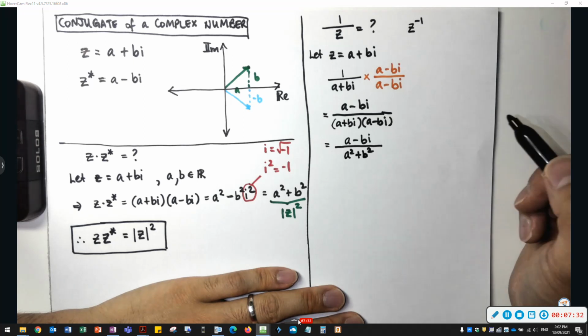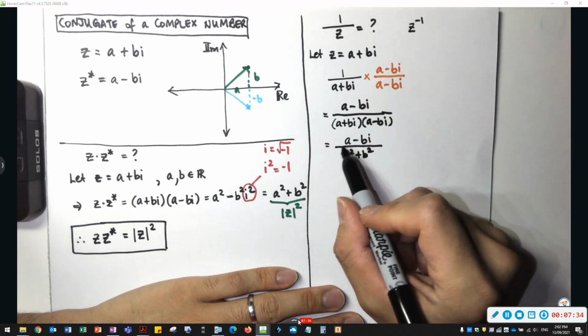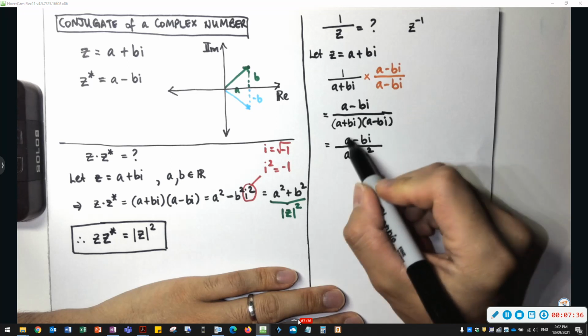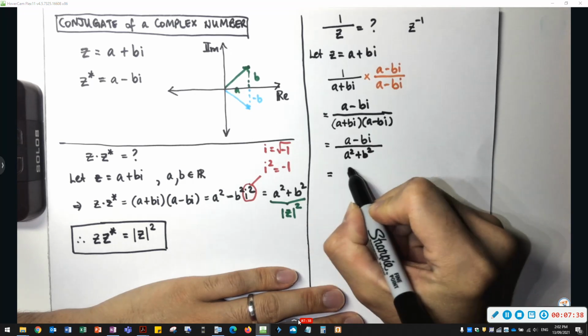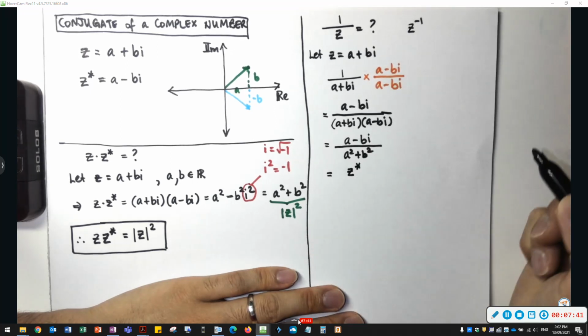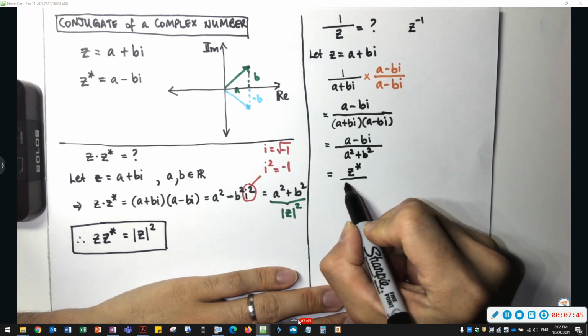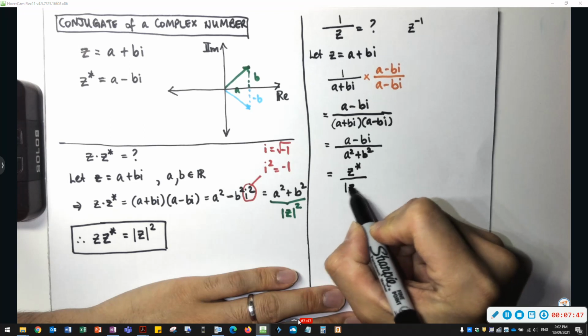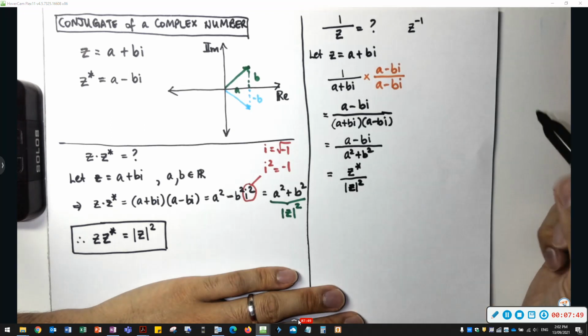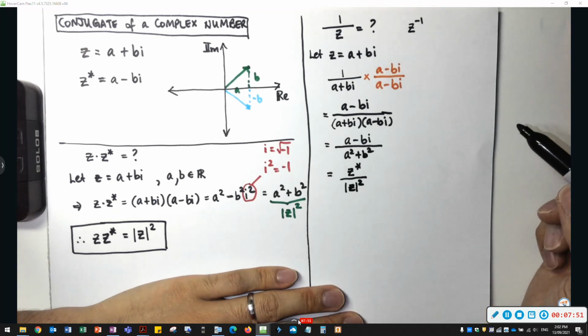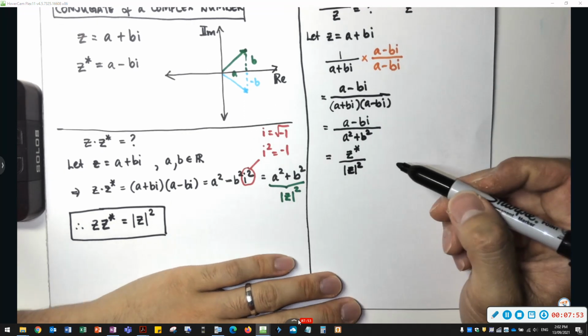So if I want to write this using the z notation, I can call the top part the conjugate of z, and then at the bottom I can call this the square of the modulus. Alright, so what did I find?